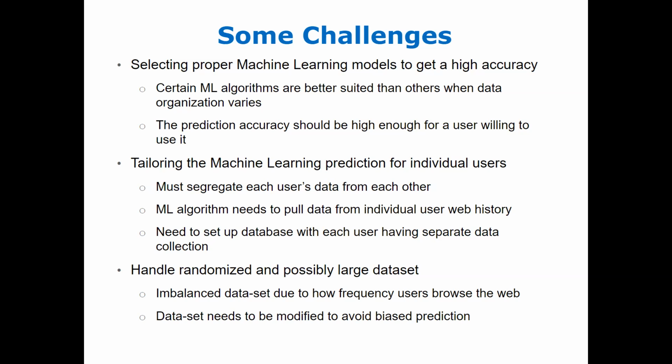And the database also had to be strong enough to hold large data sets, because the data sets will be the browsing of an everyday person, which can vary to high numbers. And the data sets needed to be modified based on what the user is going to.